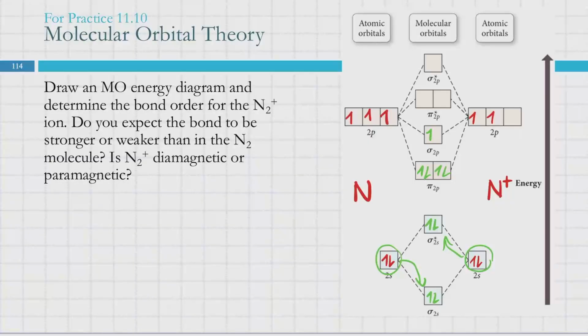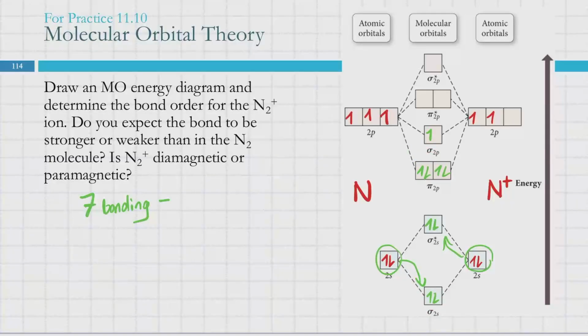How many electrons do we have in bonding molecular orbitals, things that don't have the star on them? We've got at the bottom 2, plus another 4, plus another 1. We've got a total of 7. So one scenario, we've got 7 bonding, 5 up top and 2 down below.